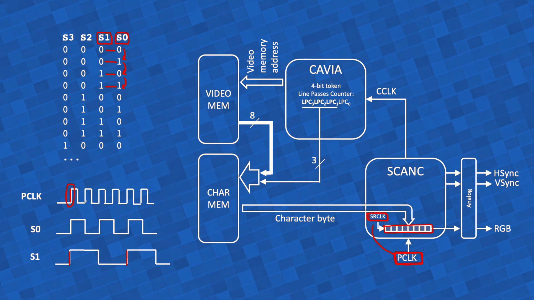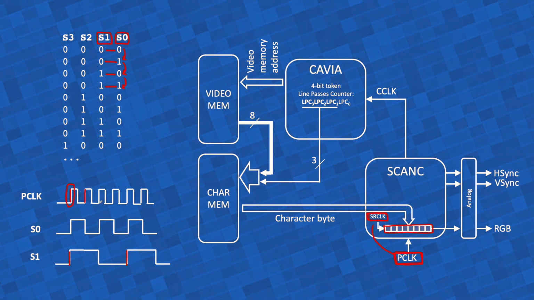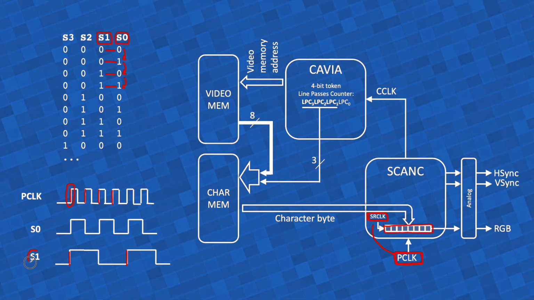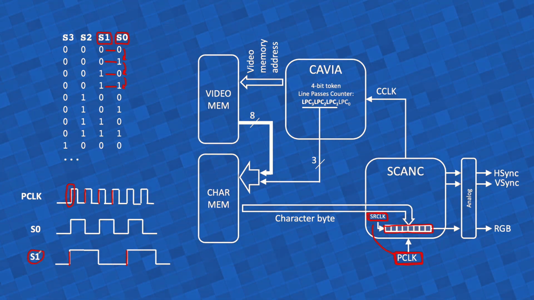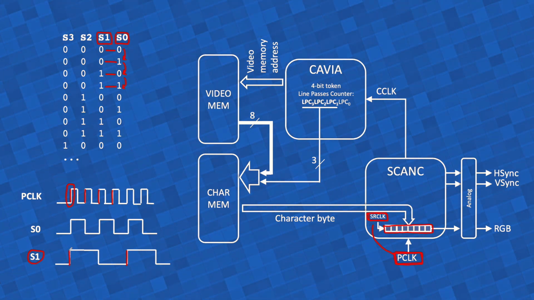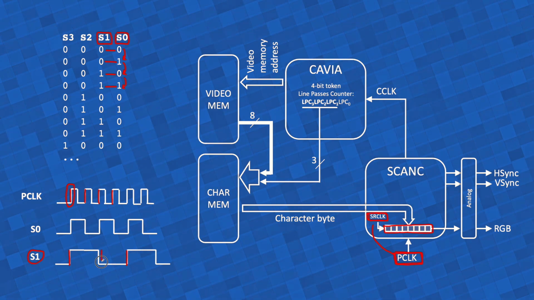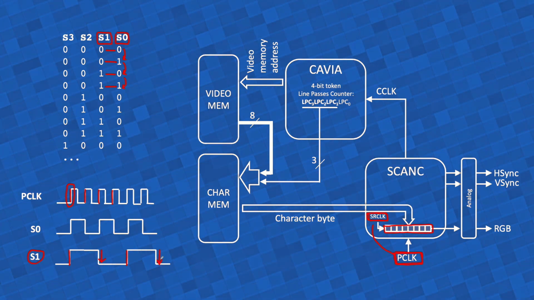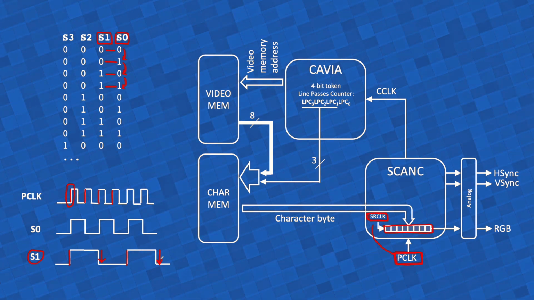Well, 1, 2, 3, 4. So S1 is in fact 1/4 of the frequency of the pixel clock, if we keep in mind that only the rising edge counts, not the falling edge, and that was my mistake. The falling edge does not count.